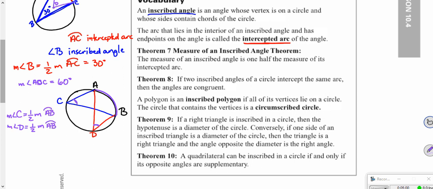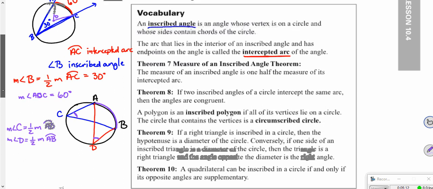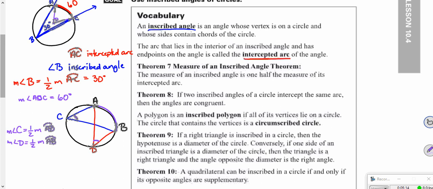Now, that next sentence says a polygon is an inscribed polygon if all of its vertices lie on a circle. The circle that contains the vertices is a circumscribed circle. So, in other words, let me do it over here on the other side. If I've got a circle and some polygon, I'm drawing a quadrilateral here, but it could be any number of sides.